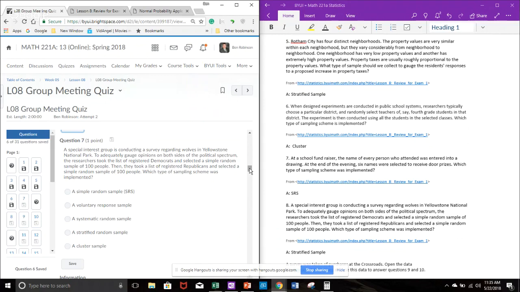Right. A special interest group conducted a survey regarding wolves in Yellowstone National Park to adequately gauge opinions on both sides of the political spectrum. The researchers took the list of registered Democrats and selected a simple random sample of 100 people.